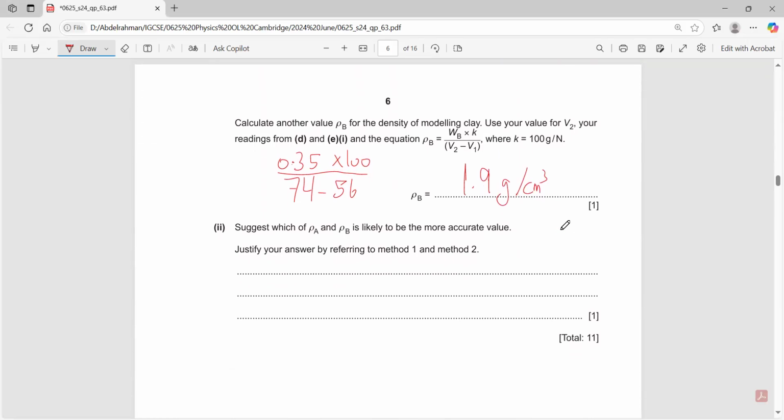Which density, A or B, is more likely to be more accurate? In my opinion, density B is more accurate. Why? Because the volume is taken directly from the measuring cylinder.